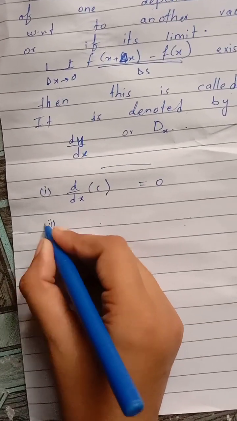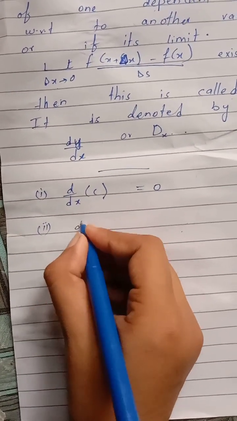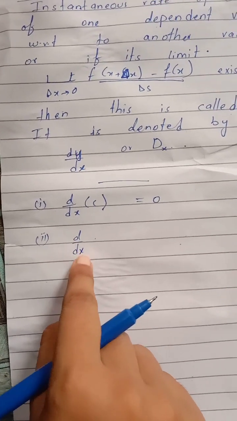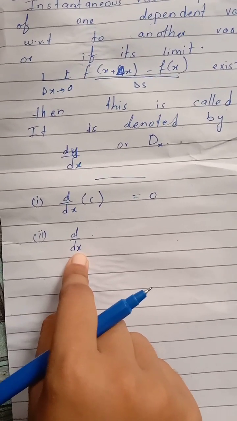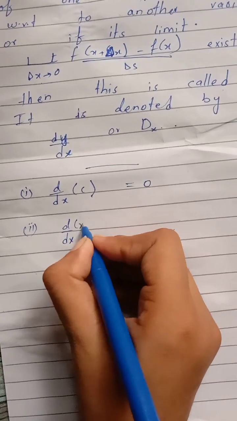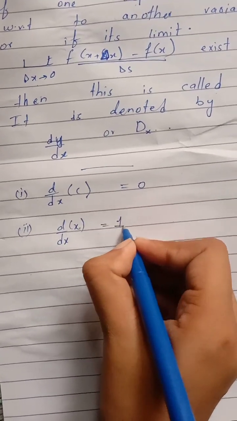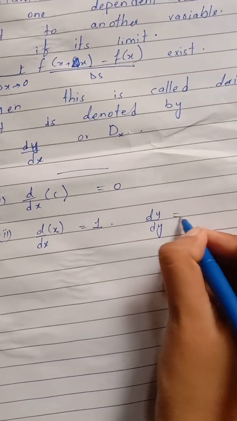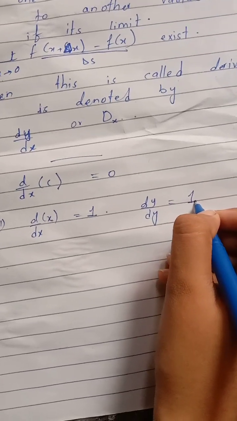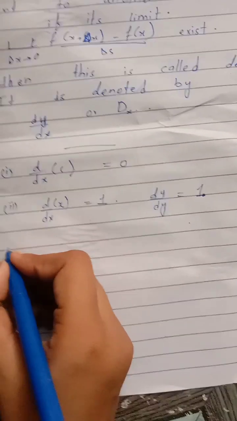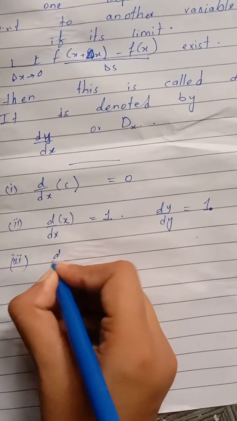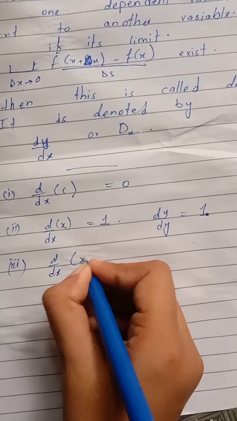The derivative of x with respect to x should be 1, or the derivative of y with respect to y should be 1. Understood?